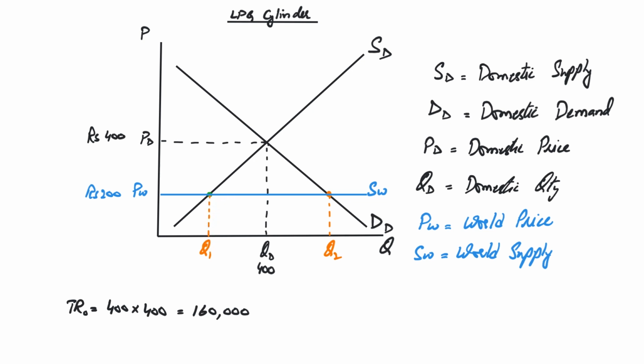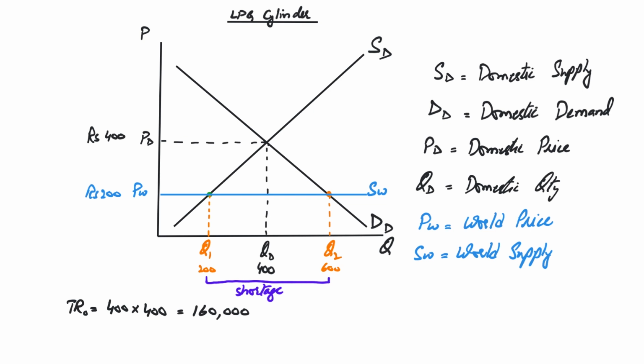If I was to give numbers, let's say I'll say this is like 200 and the quantity demanded is 600. So clearly we can see that there is a pretty big shortage at the world price.